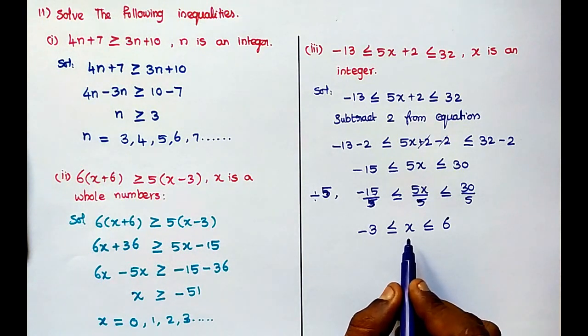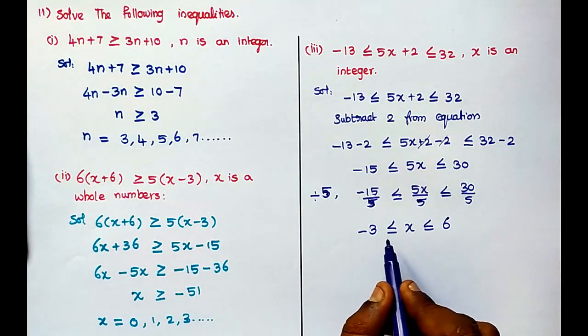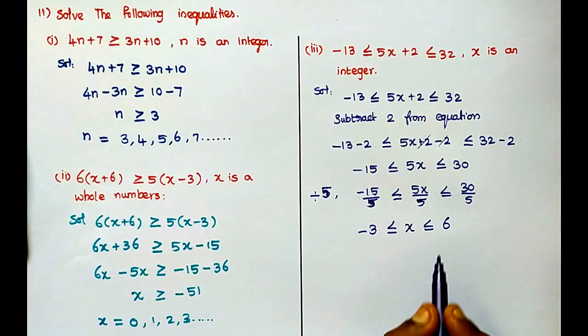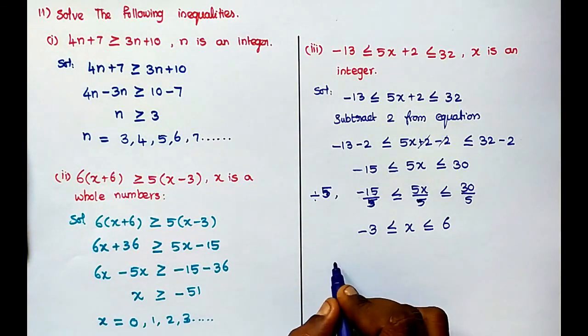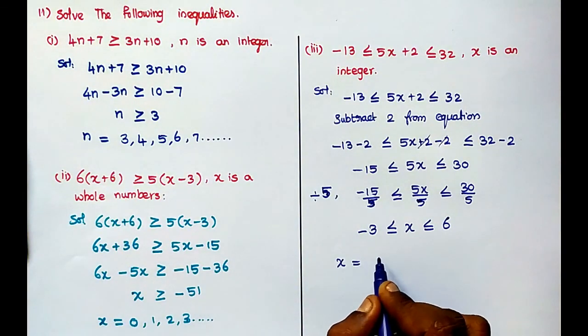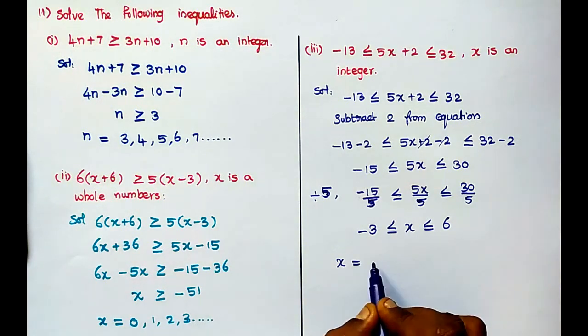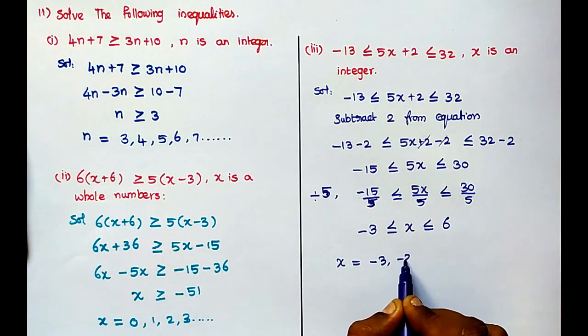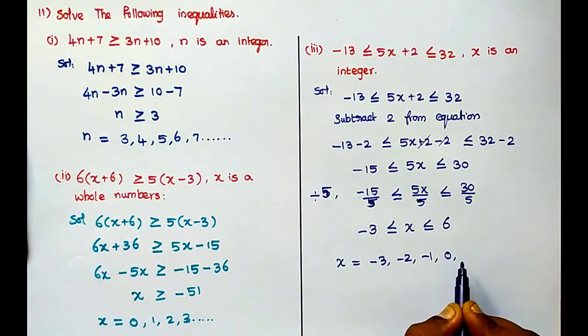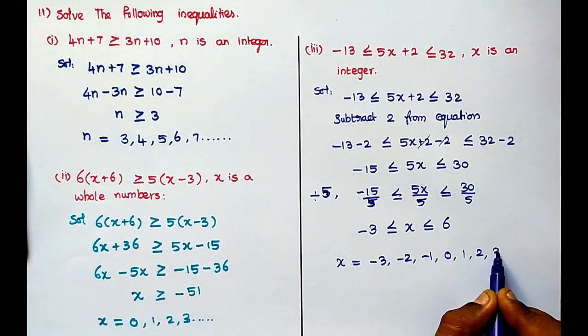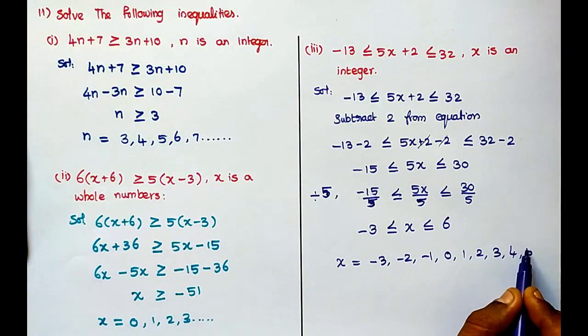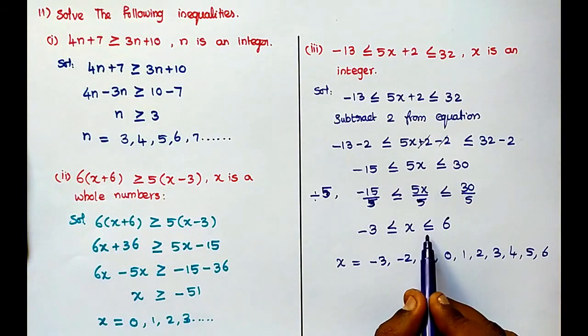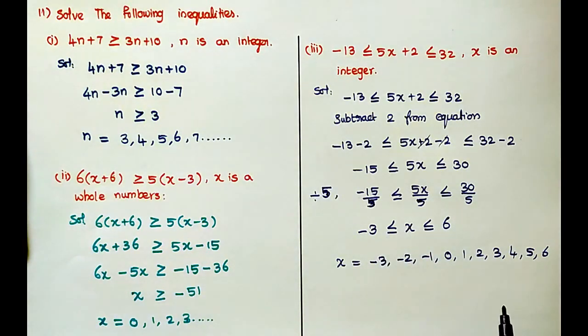Now minus 3 less than or equal to x less than or equal to 6. X is an integer. Now what is the value of x means minus 3, minus 2, minus 1, 0, 1, 2, 3, 4, 5, 6, because less than or equal to is given. So that is the answer.